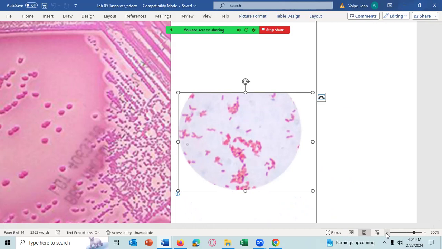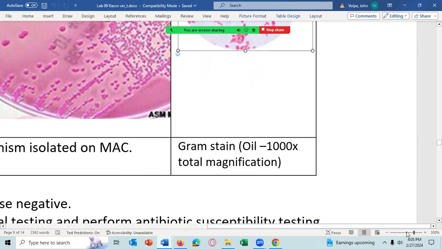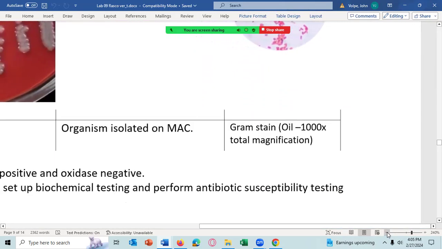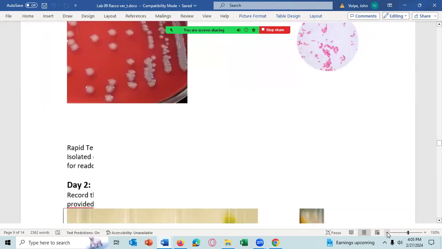So they all should be gram-negative bacilli. And they should be all pretty small bacilli, but definitely bacilli. So I told you the results of the gram stain, but pretty obvious because that's all that's on this test. Let me shrink this down a little.